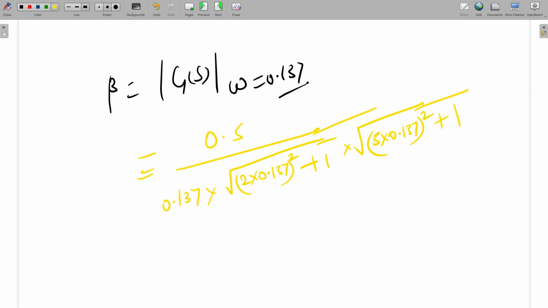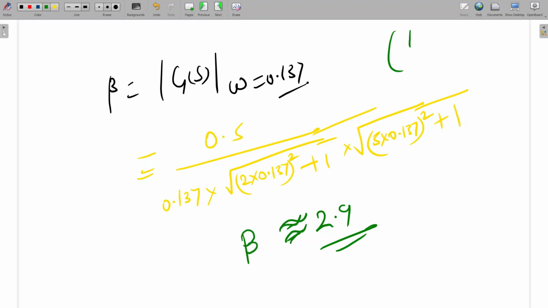Anyone got the answer? 2.9 we are getting. So beta will be equal to 2.9, beta for the lag compensator.